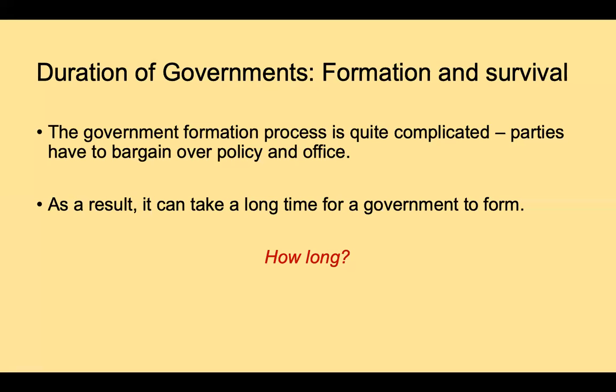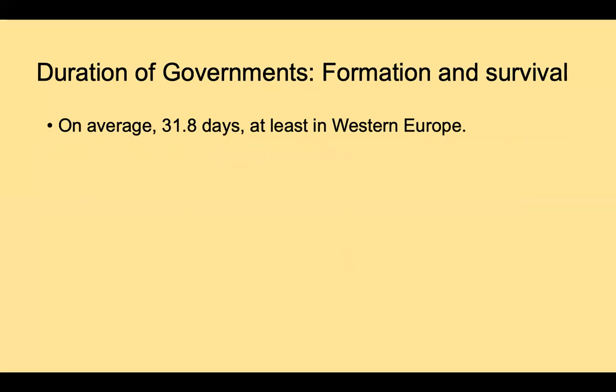But it's incredible to think about how much parliamentary systems can vary from presidential systems in terms of the government formation process, and just how long and complicated that can be, and what consequences that might carry for politics and for governance. At least in Western Europe, the average is 31.8 days. On average, in Western European parliamentary democracies, it takes about 32 days to form a government.